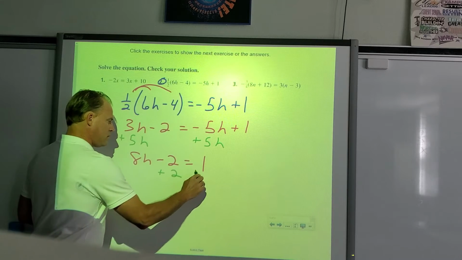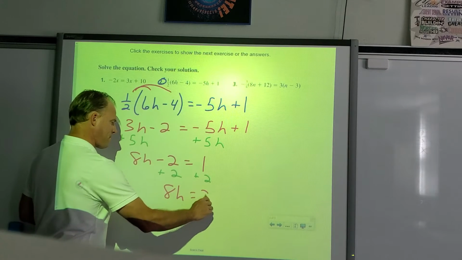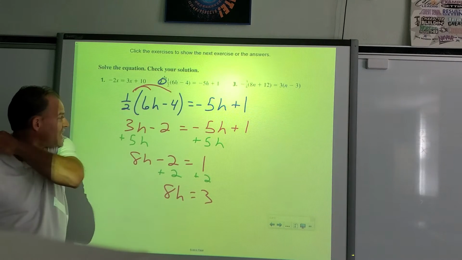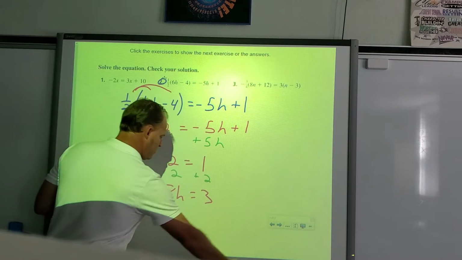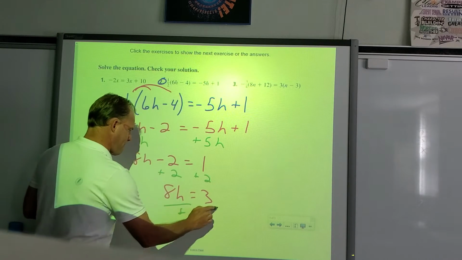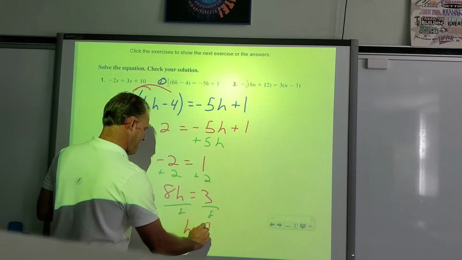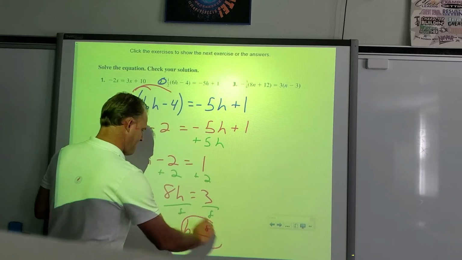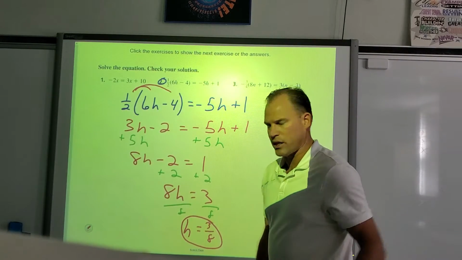Again, get 8h equals 3. h equals 3/8. I like fraction answers. I know most of you cringe with fraction answers.